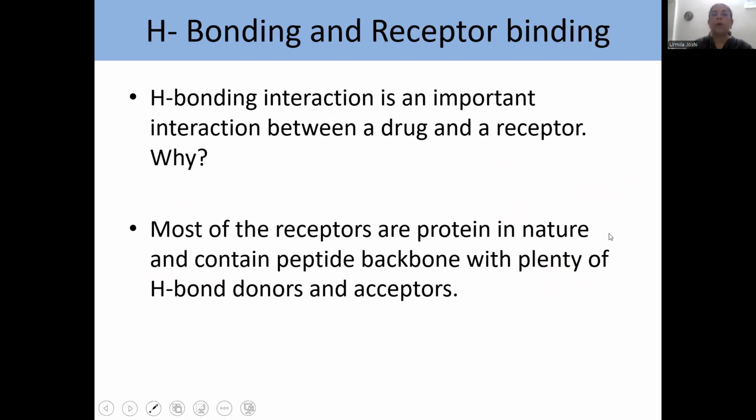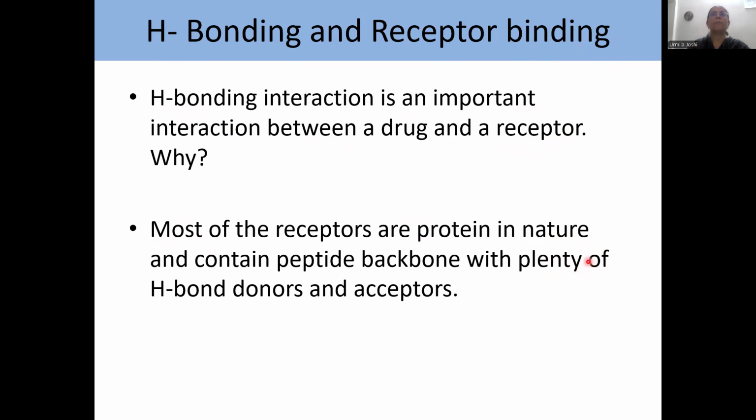Now coming to the last part, that is hydrogen bonding and receptor binding. Hydrogen bonding is an important interaction between a drug and the receptor. How? Most of the receptors are protein in nature. The proteins contain a peptide backbone.